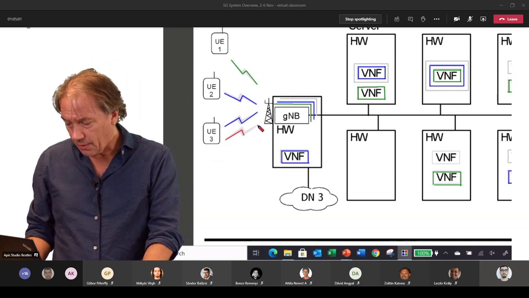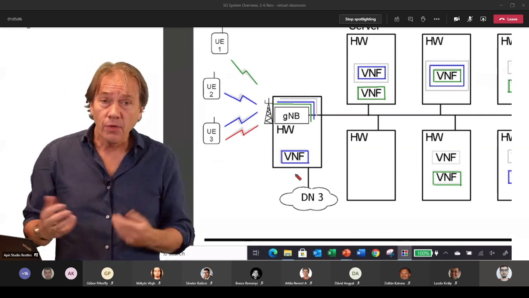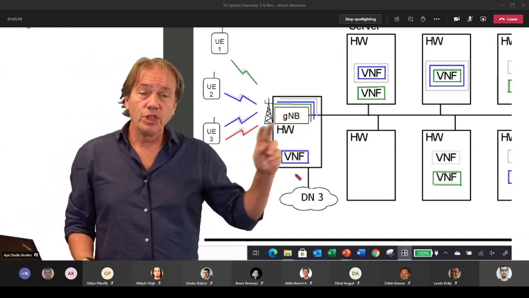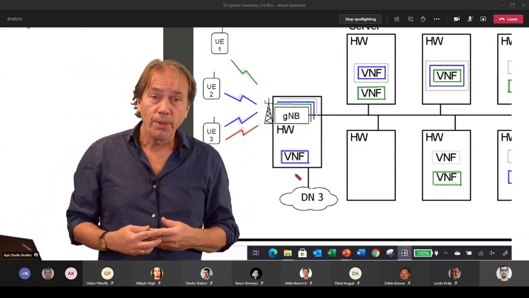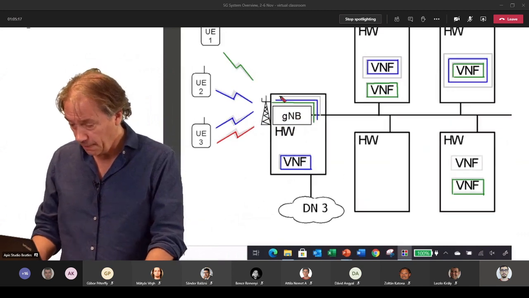So some red radio resources, and of course, this also means that some part of the G-Node-B's memory, intelligence, processing power, storage, whatever, belongs to the red network slice.